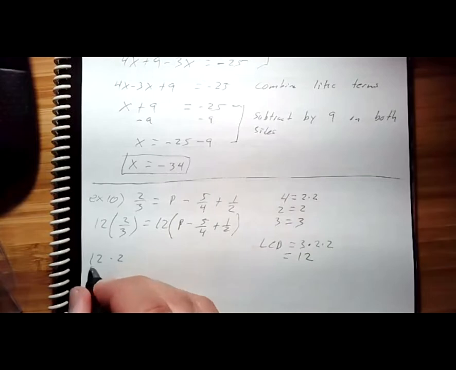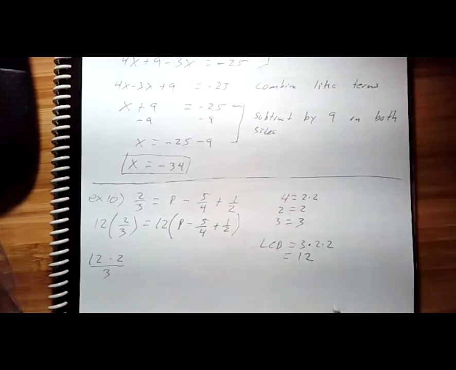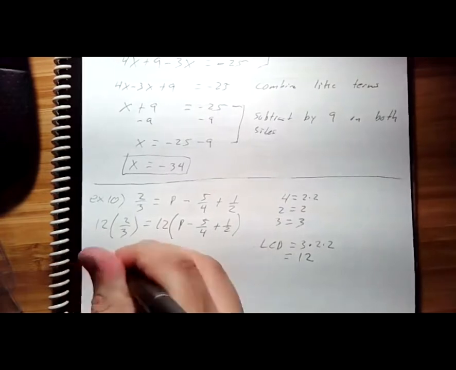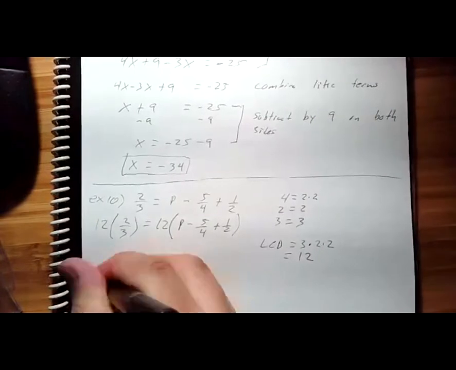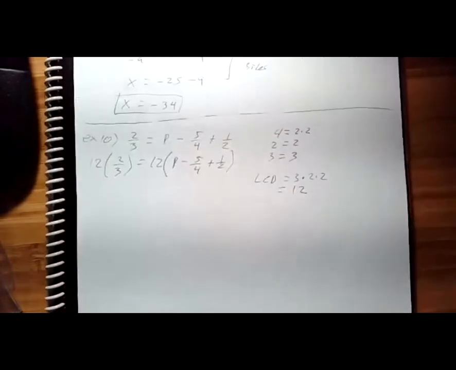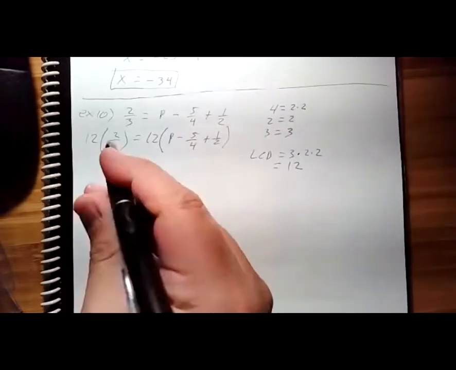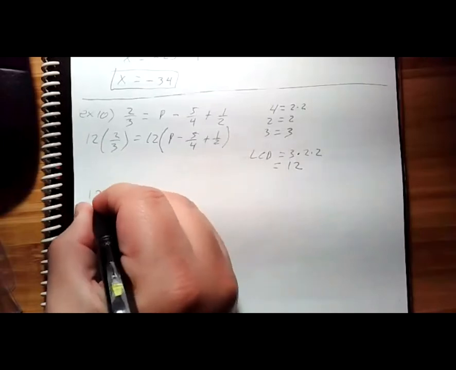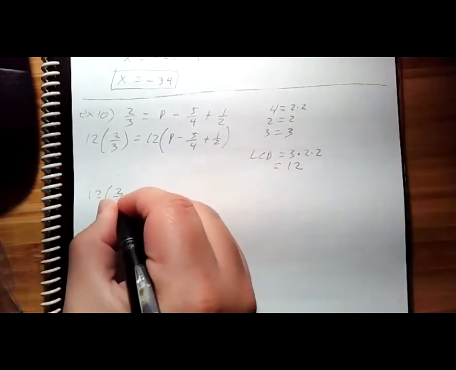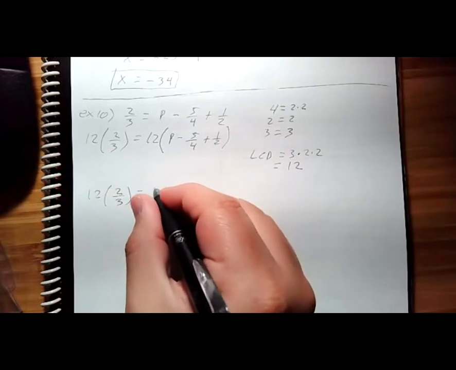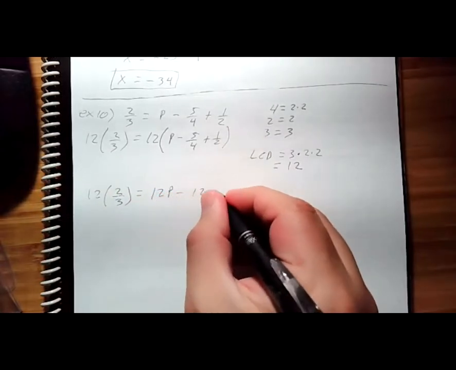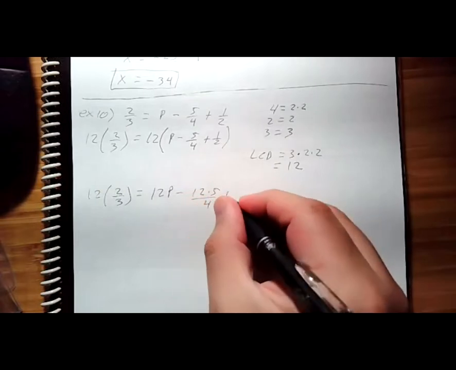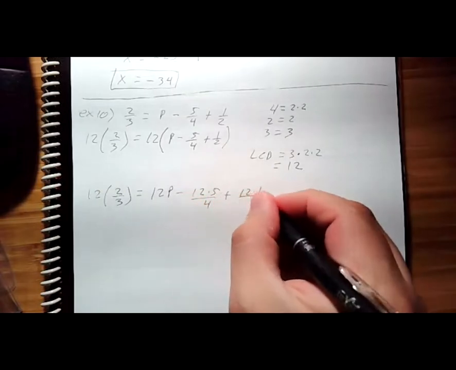12 times 2/3. More space. This is not enough space. 12 times 2/3 equals 12p minus 12 times 5/4 plus 12 times 1/2.